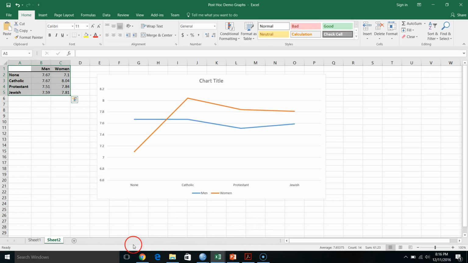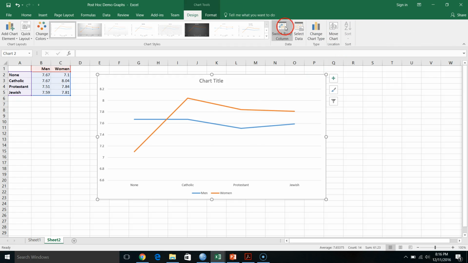You could also plot this out in a line plot, right? So this would be sort of the same data, right? But looking at the graph for women across religion versus men. Right? We could also flip this around.